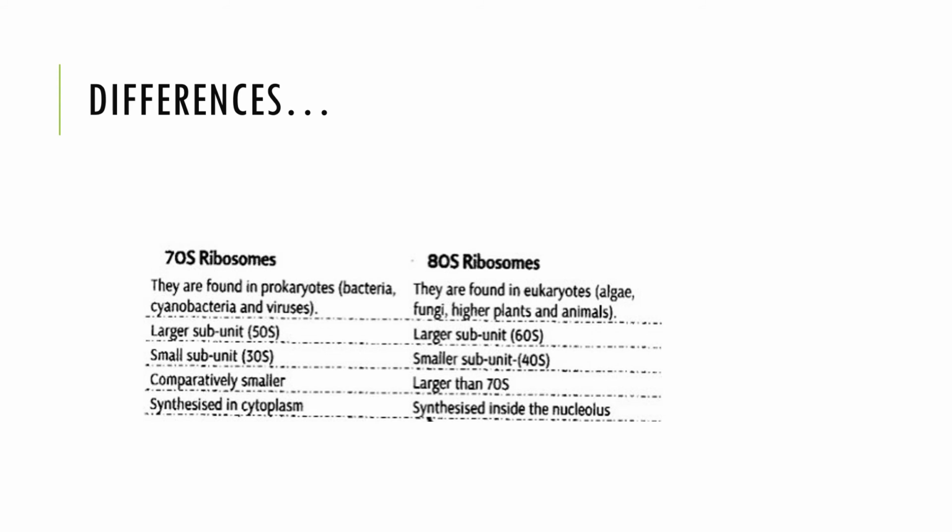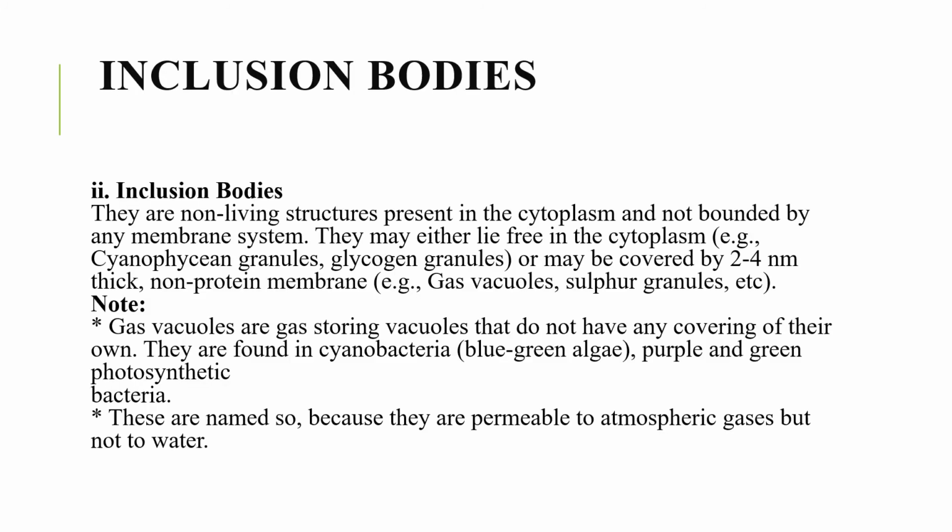If we talk of 80S ribosome, they are found in the eukaryotes, and their larger subunit is 60S and smaller is 40S. In size, they are larger than 70S, and they are synthesized inside the nucleolus.